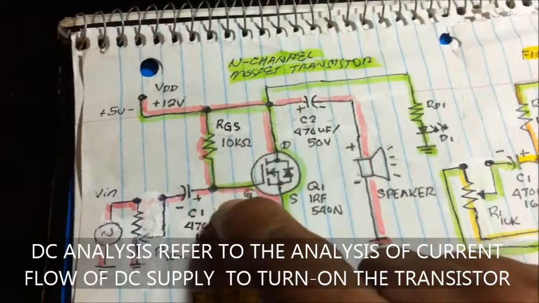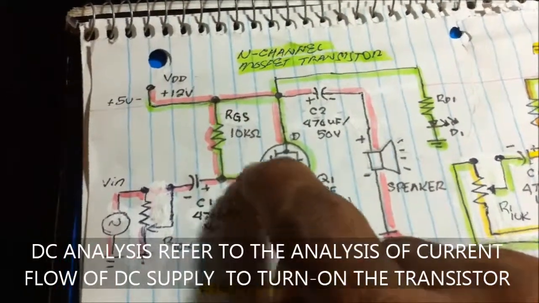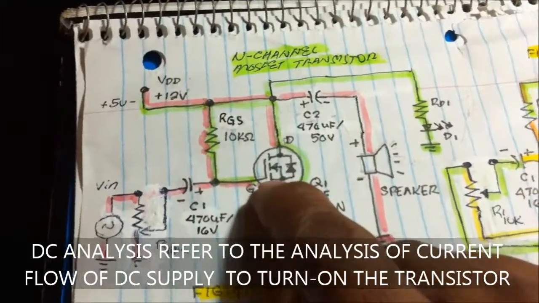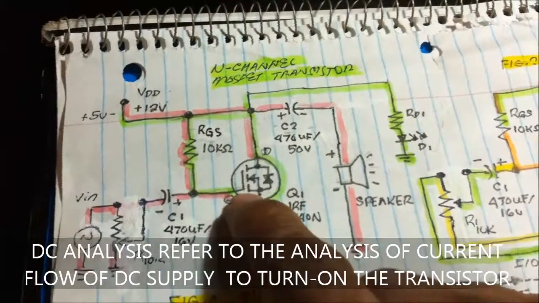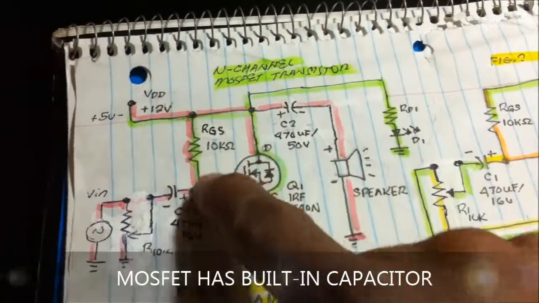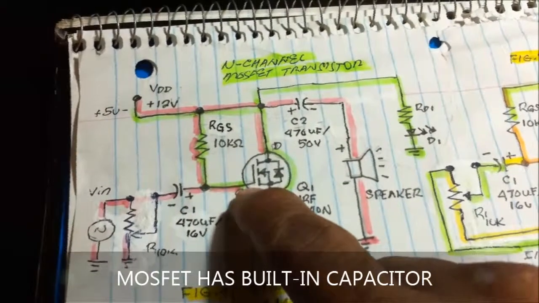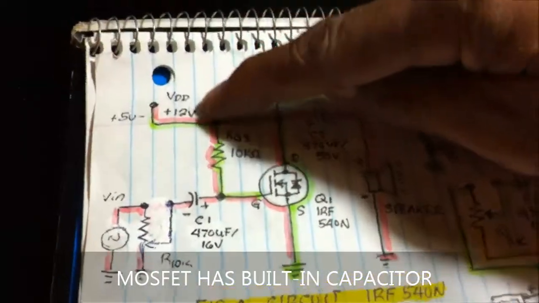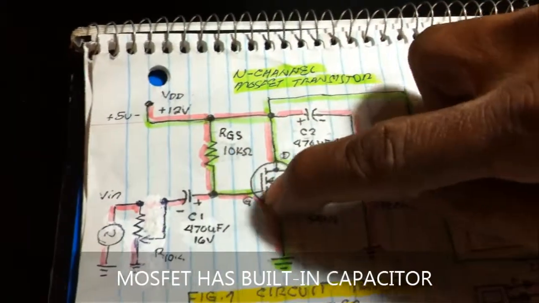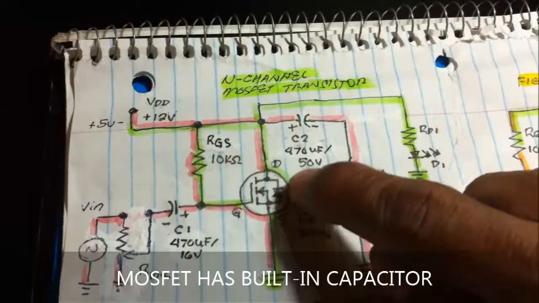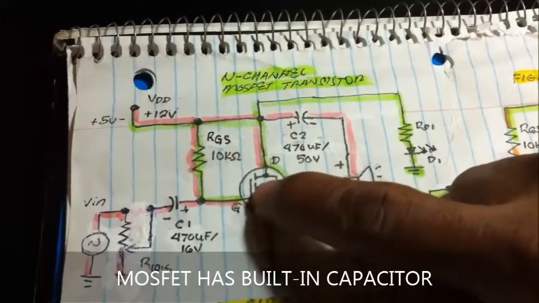The current will flow into the gate and charging the built-in capacitor of this device. There is a built-in capacitor up to here. Once you apply 12 volts, what happens is the characteristic of the Mosfet, it opens the gate.